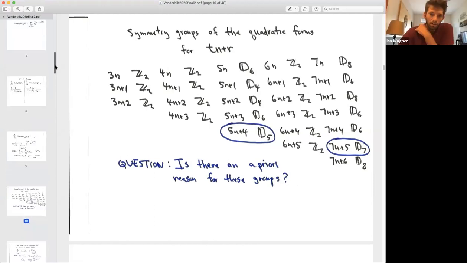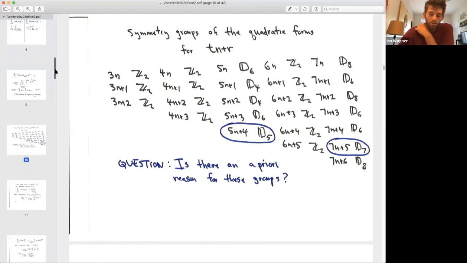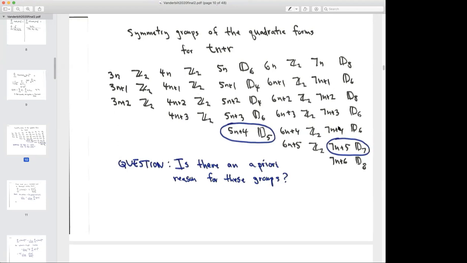I think we might, Nicholas, do you have a question? Just a casual observation. I don't know if this is what you're looking for exactly, but I'm looking at these symmetry groups. Take, for example, 7n plus, say, 1, 3, and 4. You have D6, right? Yes.